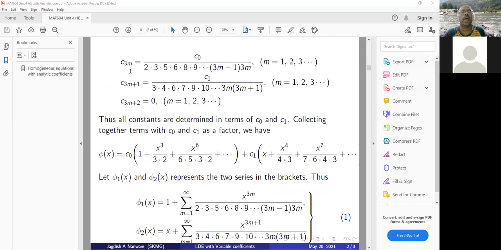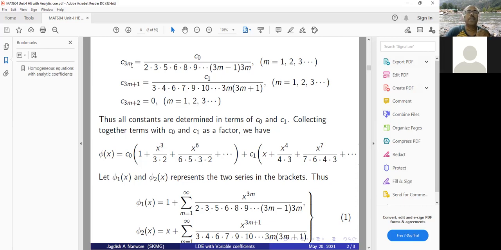So here you will see that the value of coefficient C3m is in terms of C0, C3m plus 1 is in terms of C1, right? And the value of C3m plus 2 is 0 because this value involves C2 coefficient and C2 is 0. Therefore, all these coefficients are equal to 0.